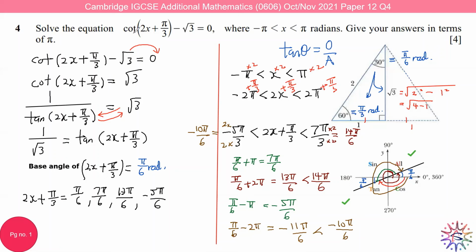However, our ultimate goal is actually to get x. So next, we will minus off pi over 3 from each angle.